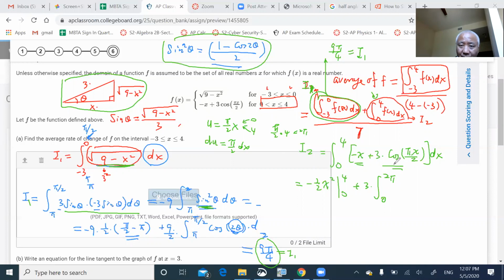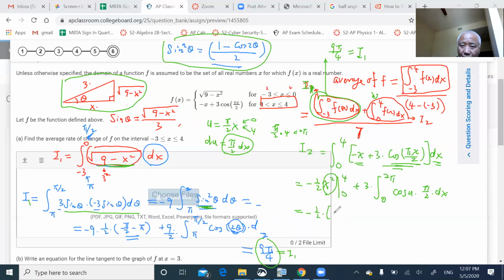And then the cosine of pi x over 2, we can put as cosine u. And dx, we're going to put this one in, so that will be pi over 2 dx, like this. Now, this is a negative 1/2 x squared. We're going to plug in the boundaries.